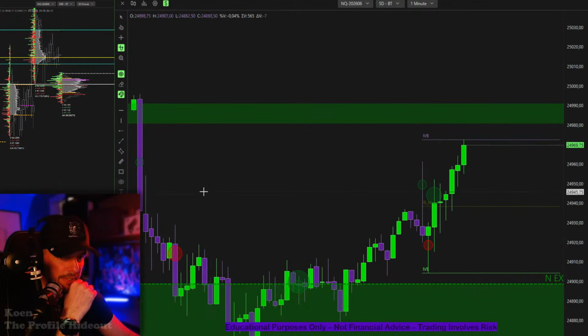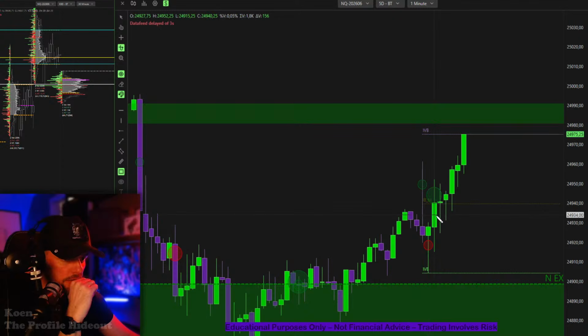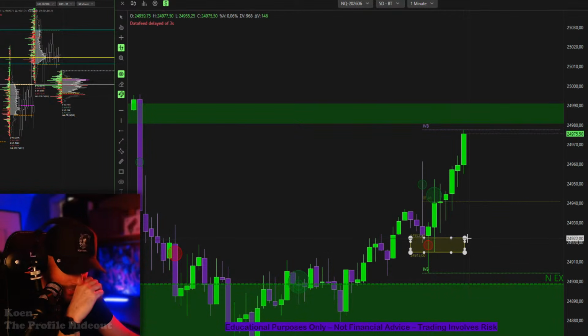It's kind of a good setup here. Sellers on the bottom, unable to push through, buyer step in. That was a good one.